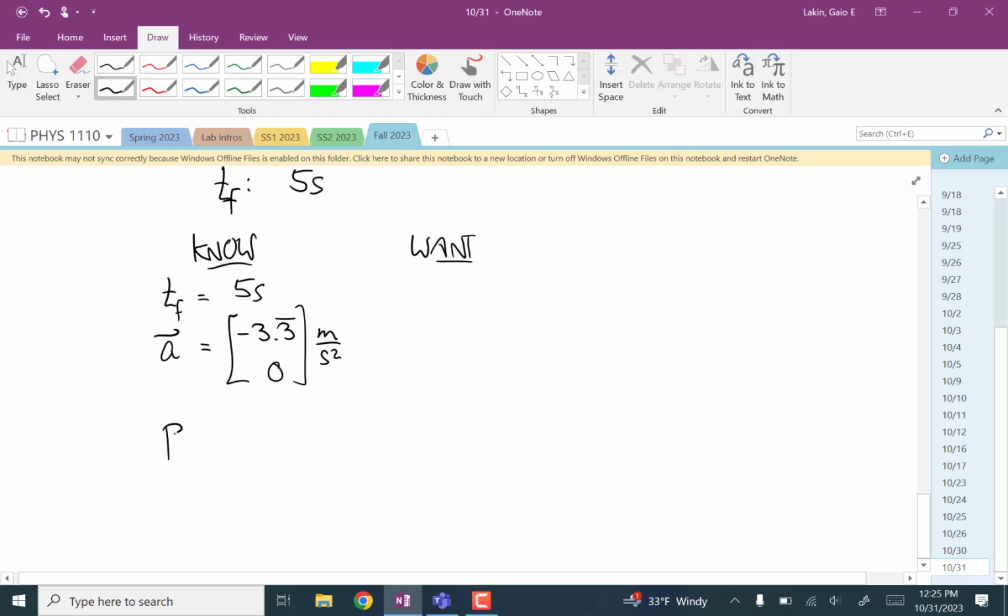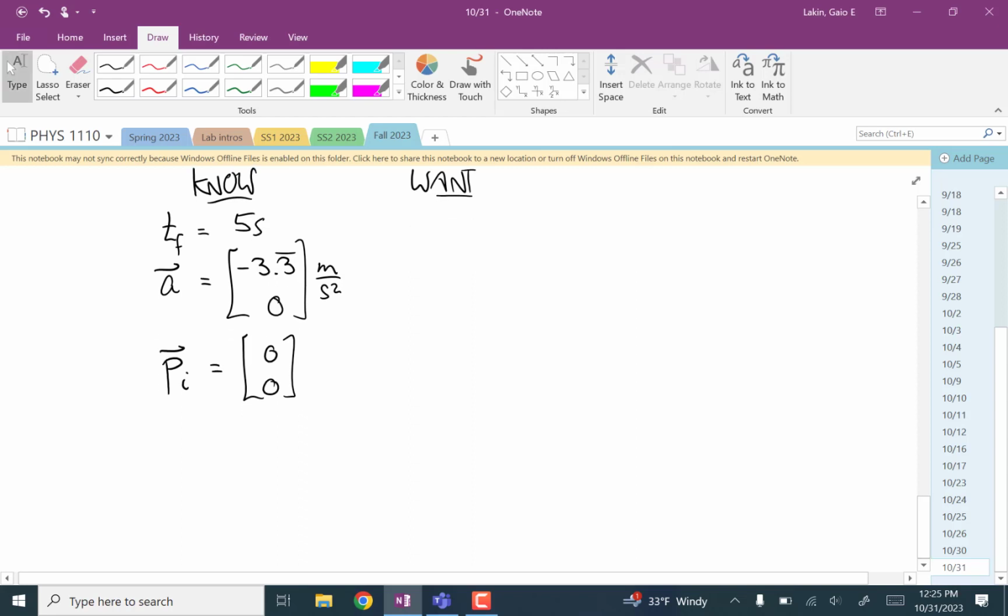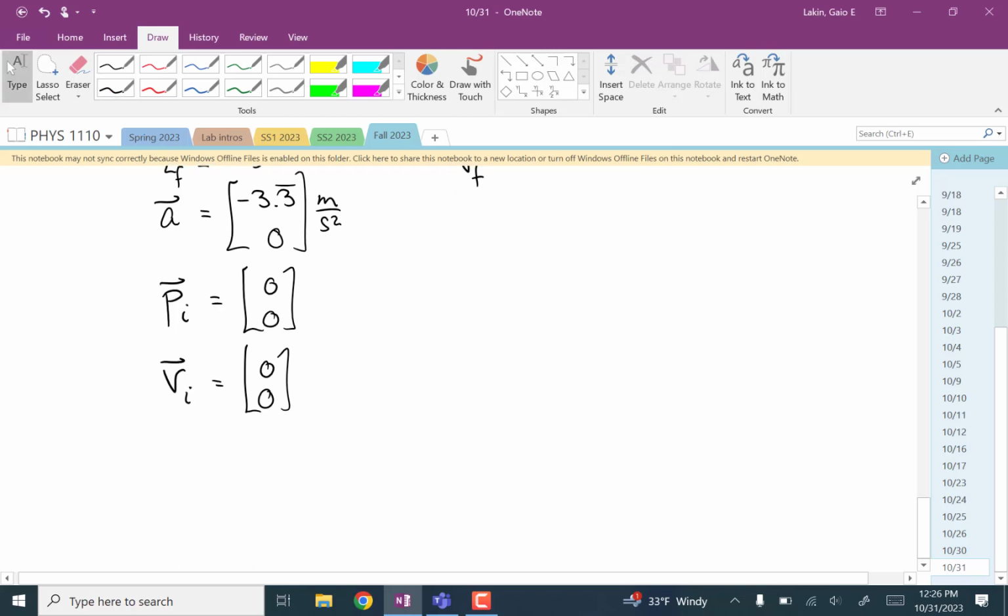We know the initial position is 0. We don't know the final position. We know the initial velocity is 0. And we're trying to find the final velocity vector. That means finding two components, so we're going to have to do two calculations for that.